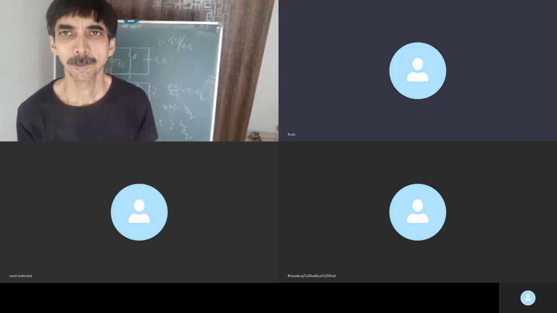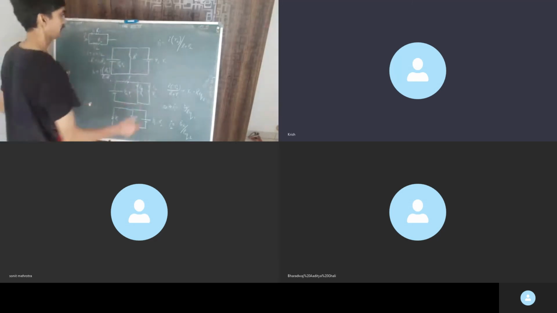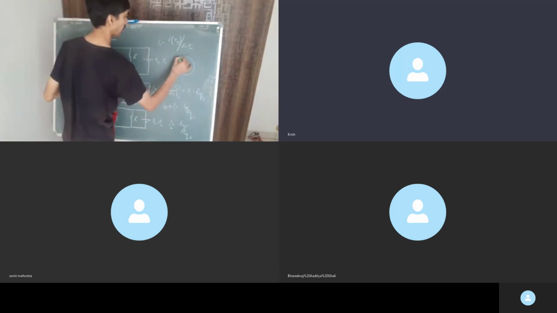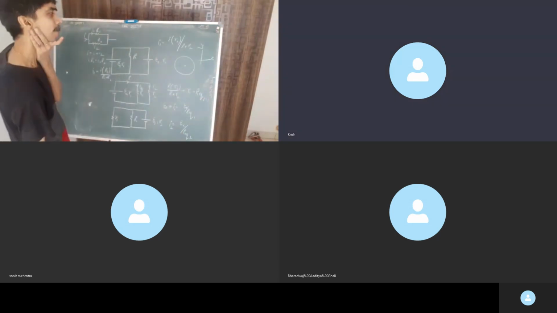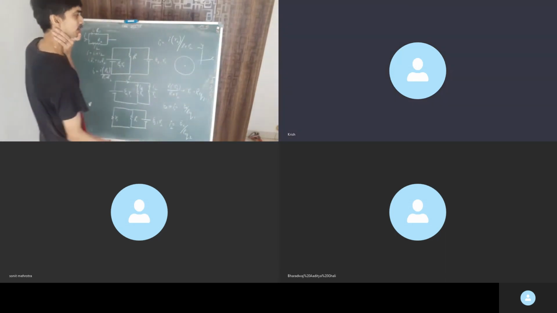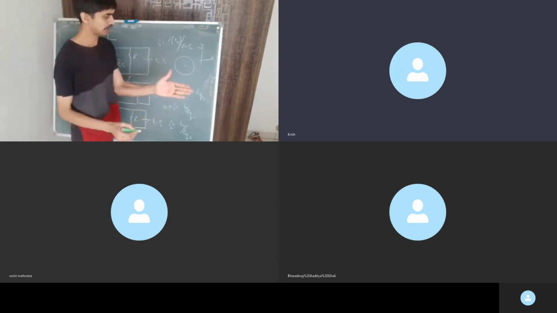A disk centered at origin and lying in YZ plane, the electric field at x comma 0. Just a minute. This is a disk centered at origin, okay? And lying in YZ plane, okay? Carry on. The electric field strength at x comma 0 is sigma by twice pi epsilon naught into 1 minus x by root r square plus x square. So x comma 0, right?